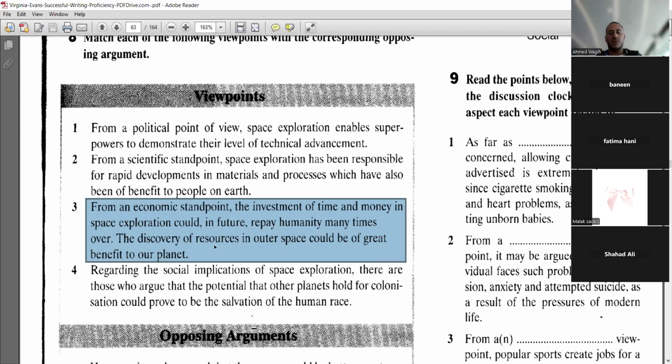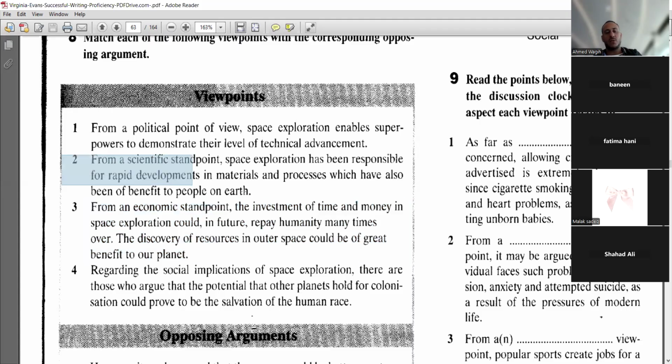The discovery of resources in outer space could be of great benefit to our planet. Another example: from a scientific standpoint, space exploration has been responsible for rapid developments in materials and processes, which have also been of benefit to people on Earth.